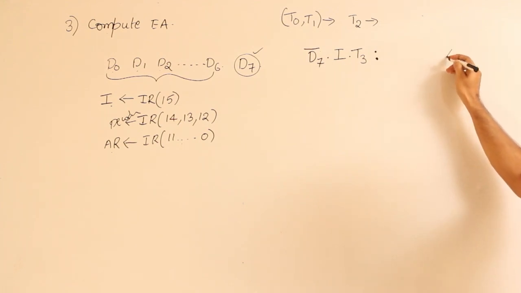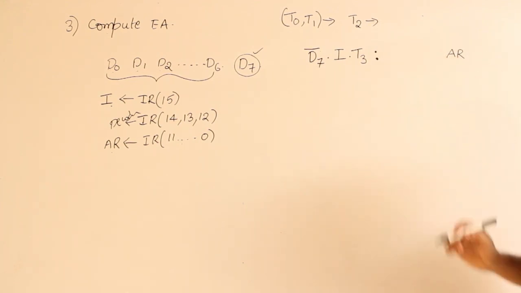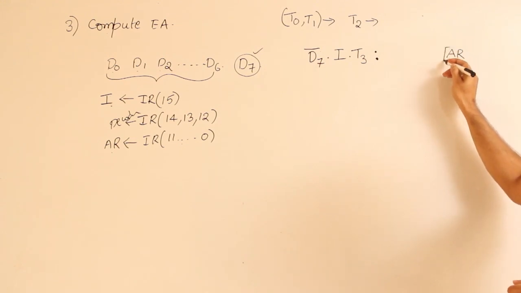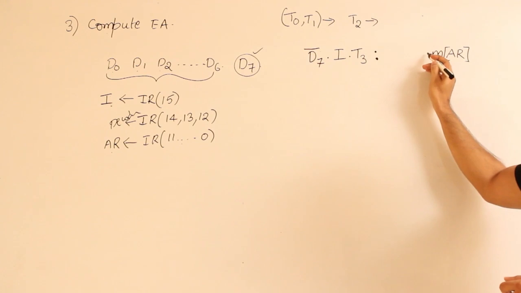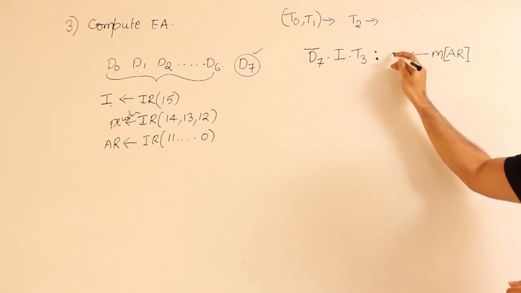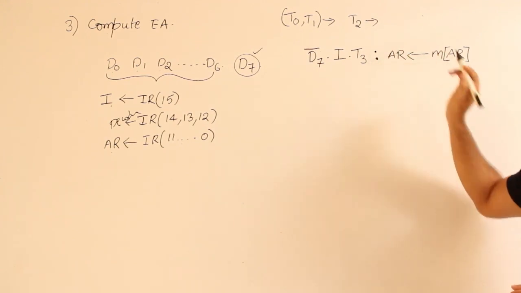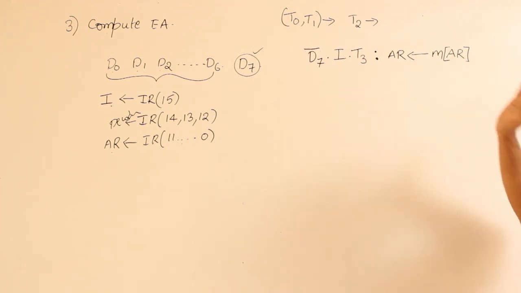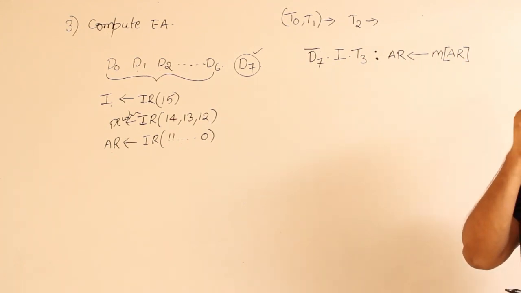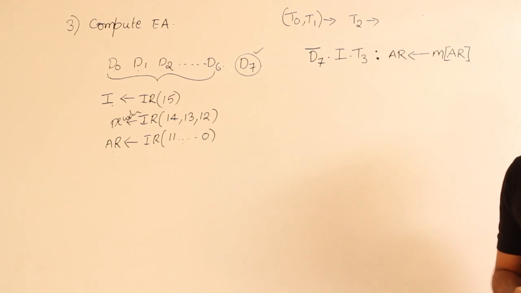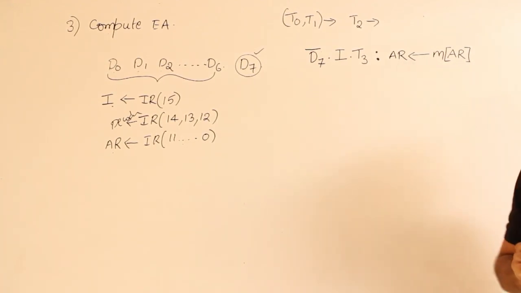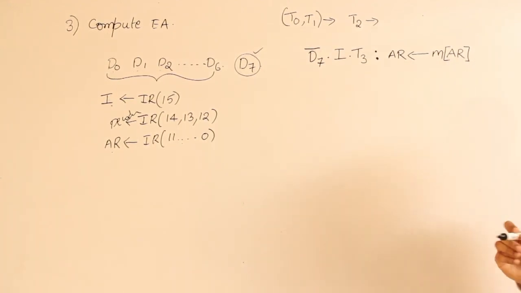Whatever is present in the address register, we have to send it to memory and read that from memory into AR. This is the action that I need to take. Are you understanding this? Whatever is present in AR, I have to send it to memory, and there the actual address will be present. I hope you remember how the indirect address works, right?